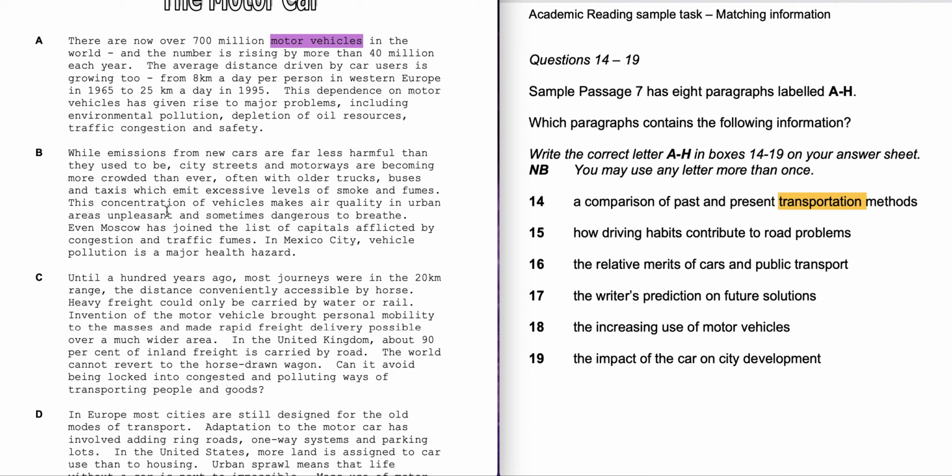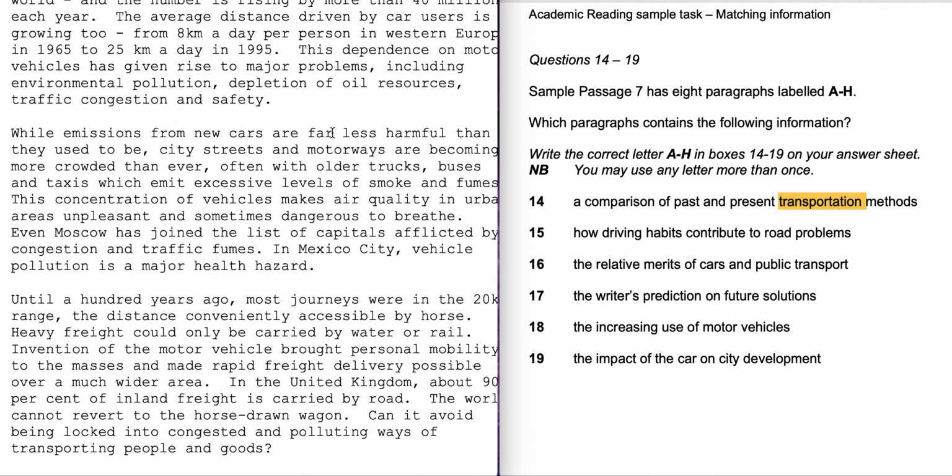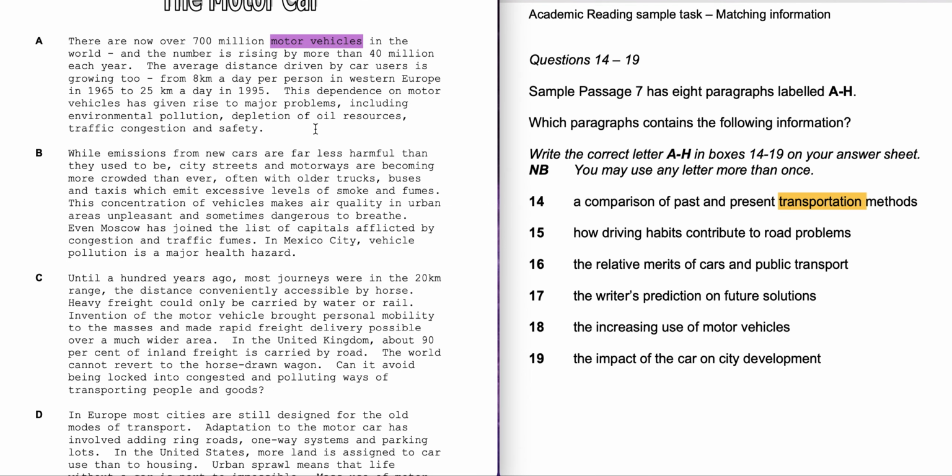City streets and the motorways are becoming more crowded than ever, with all the trucks, buses and the taxis, which emit excessive level of smoke and fumes. So they were saying about pollution, about emissions, just going to highlight it, but nothing about any transportation methods.